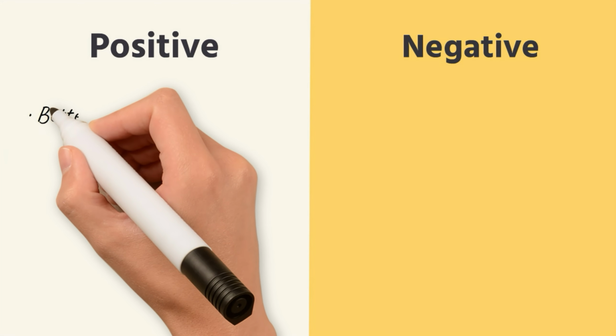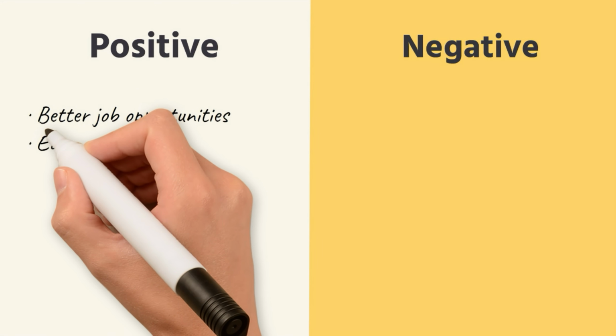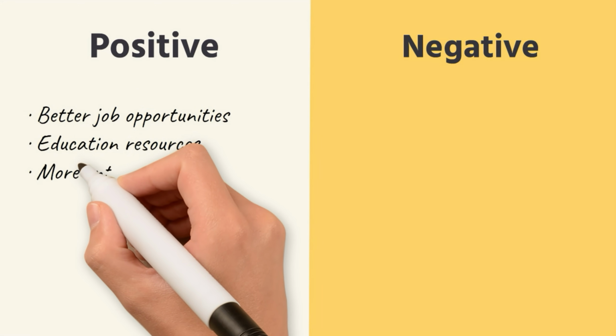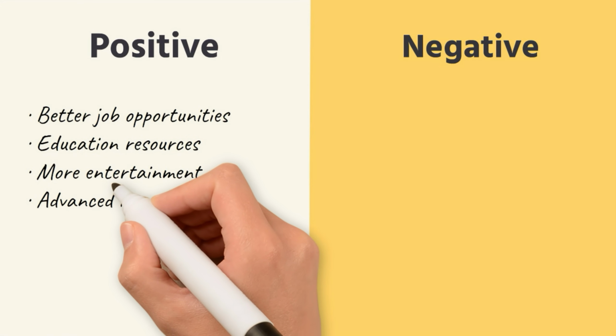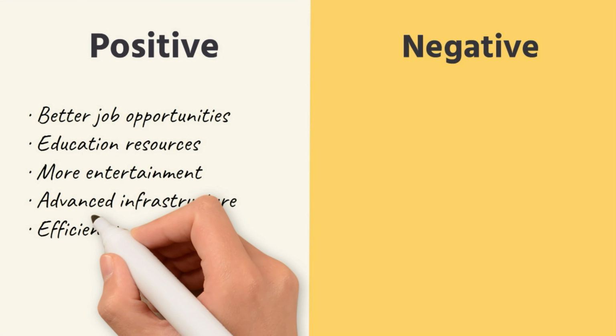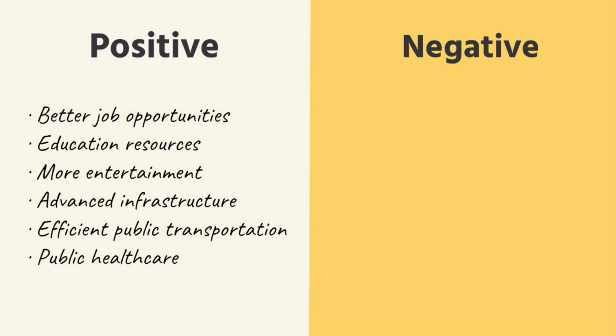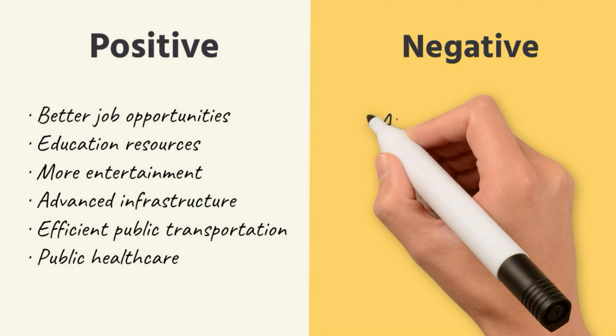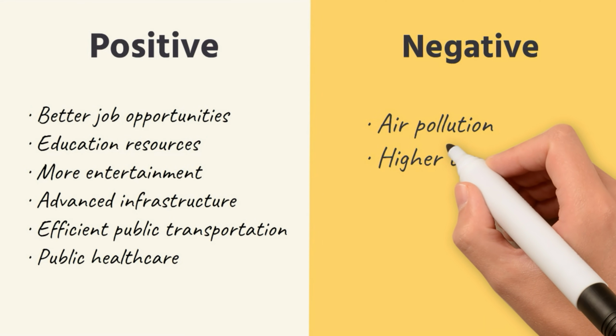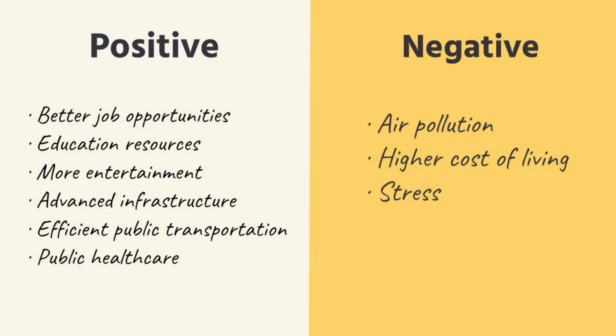For the positive aspects, we can say access to better job opportunities, education resources, more entertainment, advanced infrastructure, efficient public transportation and public health care. For negative aspects, like air pollution, cost of living, and personal stress.